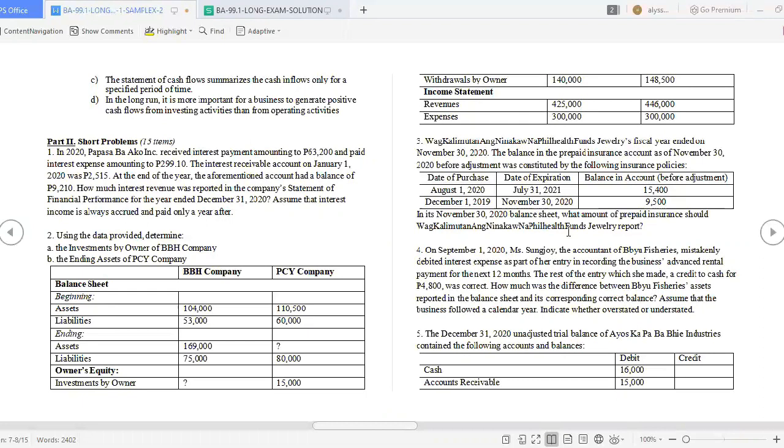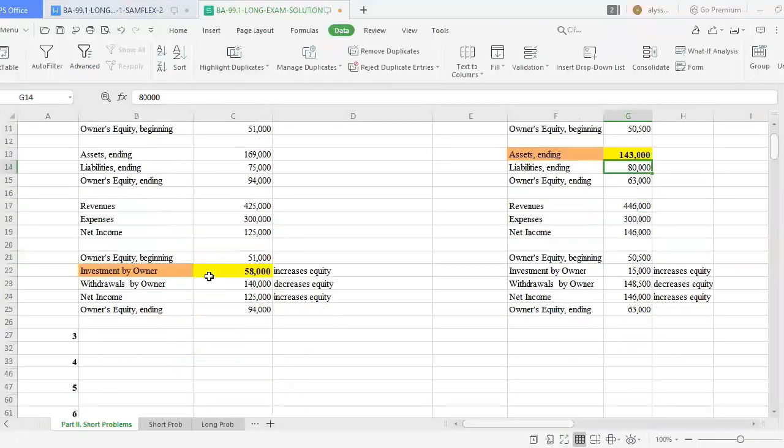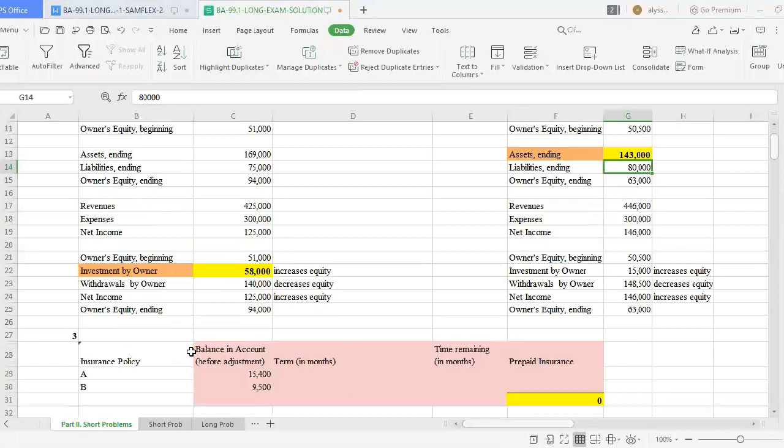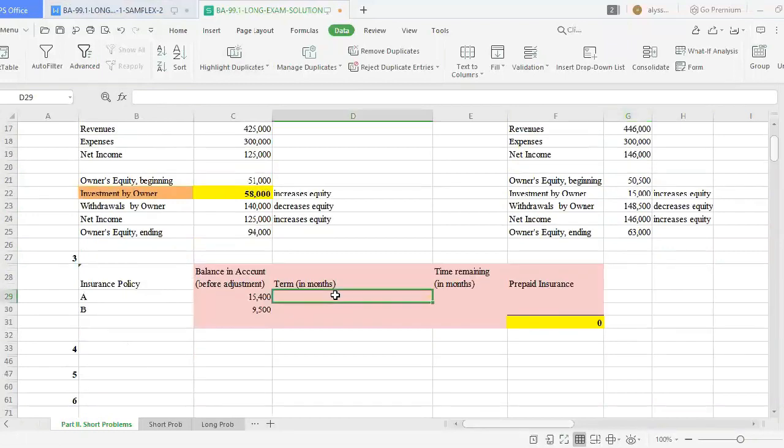First we compute August 1 to July 31 the next year. We computed it's 12 months. Also the same with the second insurance policy, December 1 to November 30 the next year is 12 months. So we prorate it. So the term here is 12 months, and then 12 months.